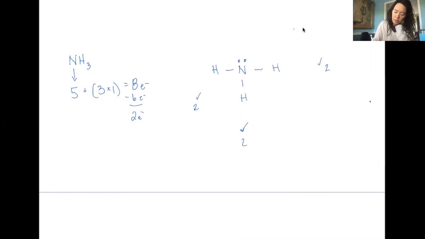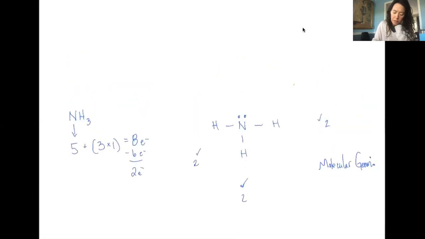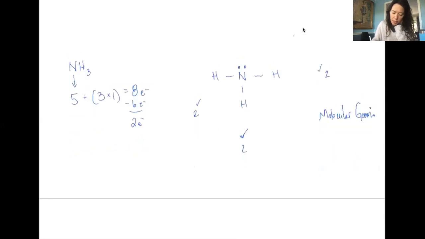Let's get our molecular geometry. All right. In that molecular geometry, let's count our domains. 1, 2, 3, 4. 4 domains. 3 are bonding. 1 is a lone pair.